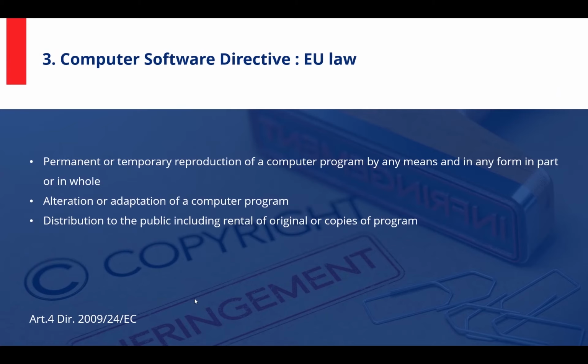Distribution to the public of copies of programs is also an infringement. If somebody gives a copy to you, you haven't actually copied it yourself, but that copy was unlicensed, and you distribute that copy to the public, you rent it, you put it online, you make it available, all of those acts are infringement. I focused on EU law, but to be honest, most of this is true in any country throughout the world.